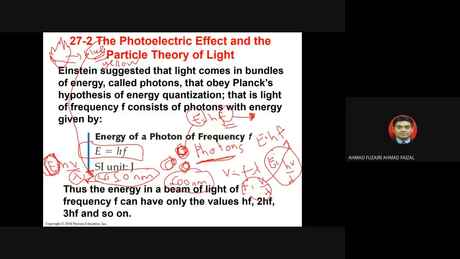So whenever the fire is yellow in color, the wavelength is 600 nanometers. But for blue, it is 400 to 450 nanometers. So the wavelength of blue is lower compared to yellow. When the wavelength is lower, the energy is higher. That is why the blue fire is hotter compared to the yellow fire.